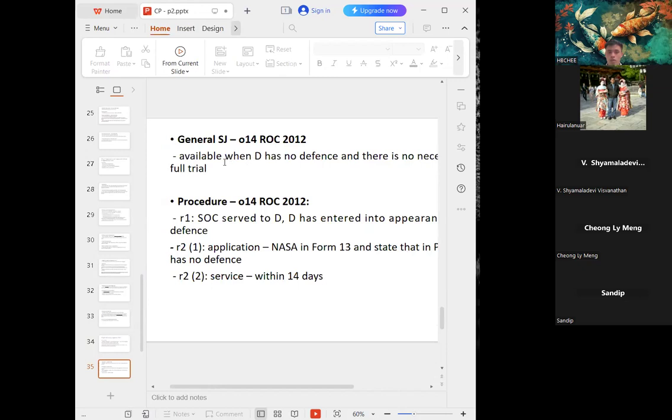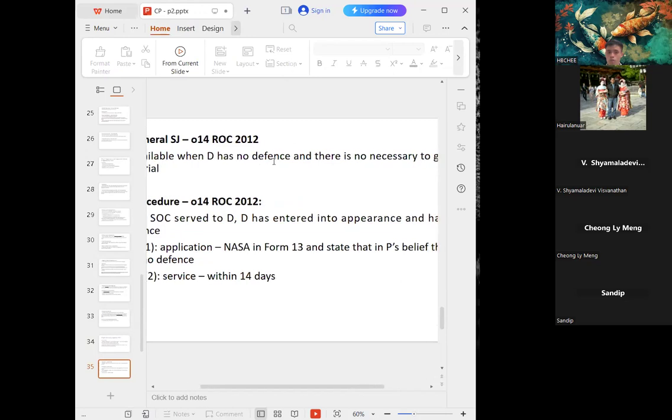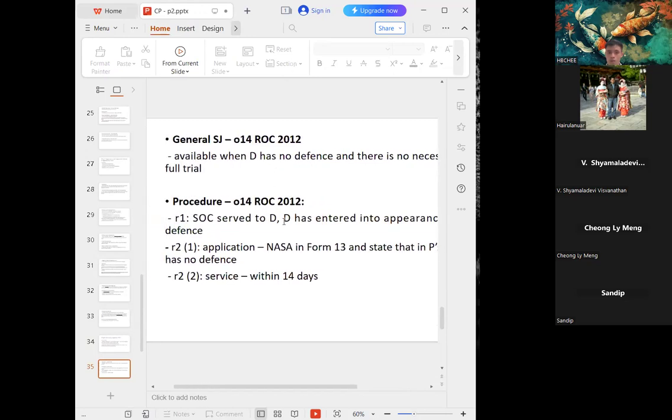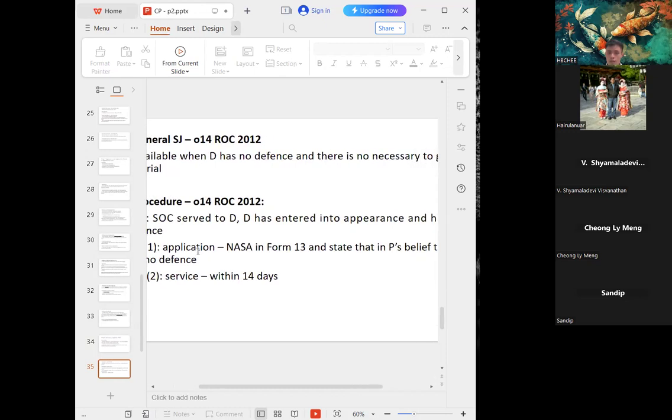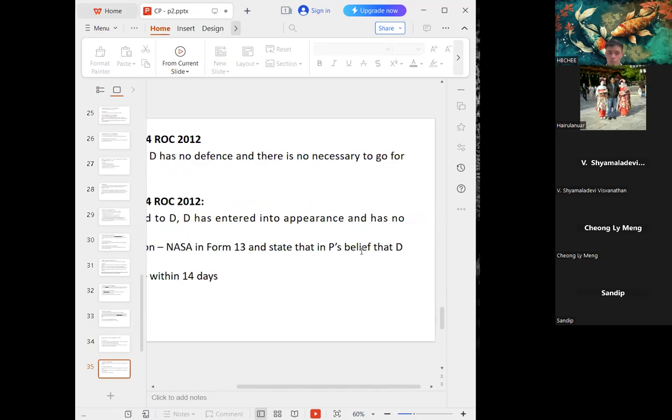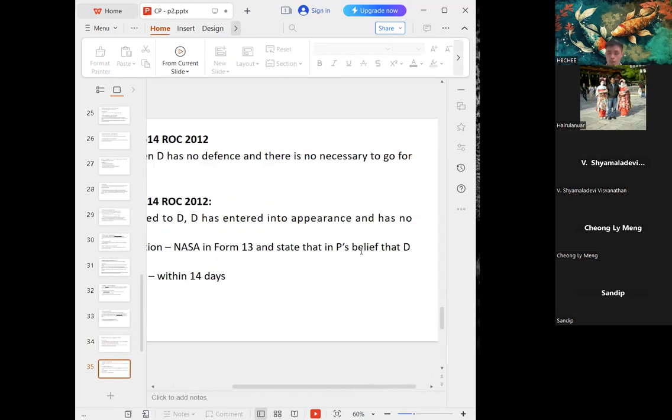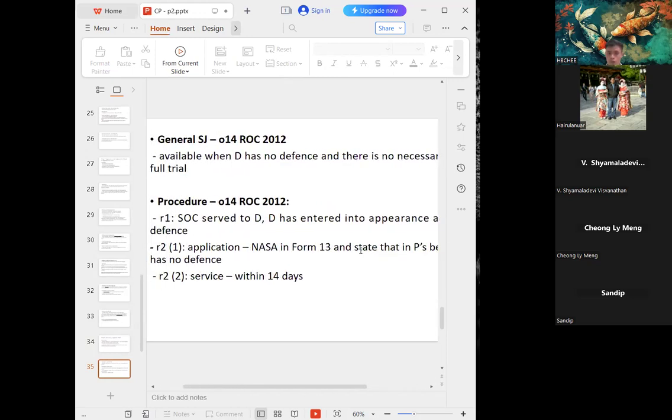Under Order 14, the defendant has no defense and there is no necessity to go for full trial. How to apply? Order 14, Rule 2, Sub-Rule 1, the affidavit must state that in the plaintiff's belief the defendant has no defense. And Rule 2, Sub-Rule 2, the service has to be done within 14 days.